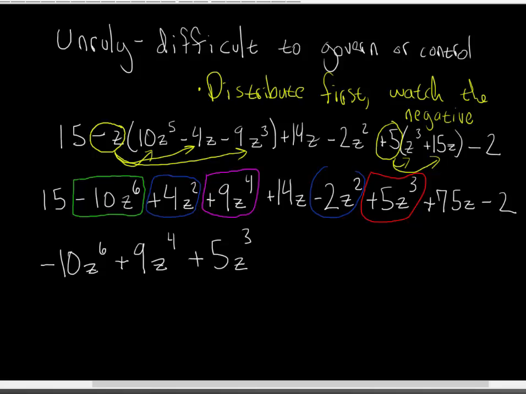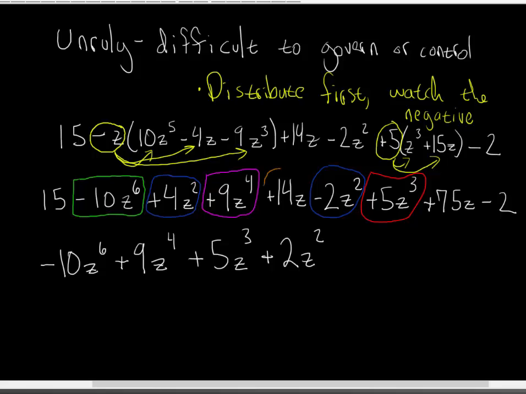Remember to grab the sign with the term. Think about the adding integers that we did today when combining like terms. So I've got a 4z squared and a negative 2z squared. 4 minus 2 is 2, and the z squared comes along for the ride. So that's the first combination of like terms, 2z squared.